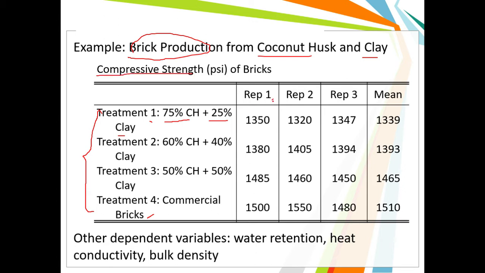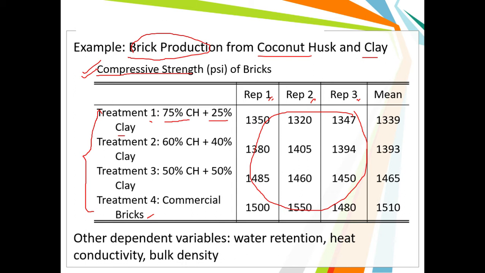Okay, so may tatlong replication or rep 1, rep 2, and rep 3. These are the specific results, okay? And the results refers to the compressive strength, okay? So that is one dependent, compressive strength, okay? So isang independent, yung mixing ratio. Isang dependent, ang compressive strength, okay?